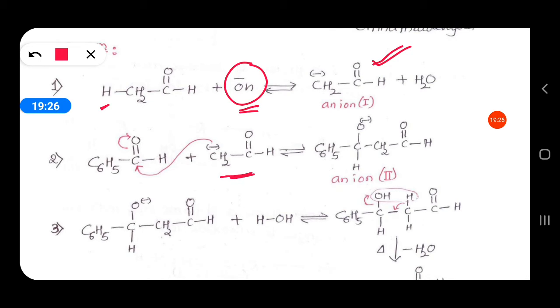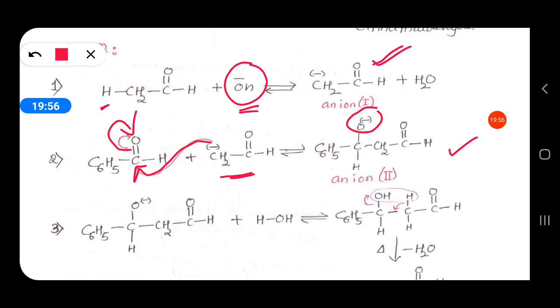So in presence of nucleophile, the pi electrons of carbonyl carbon are shifted to oxygen, which is more electronegative, and carbon becomes plus. To that carbocation, a nucleophile will attack and it gives anion 2. In the anion 2, the negative charge is obtained on the oxygen.